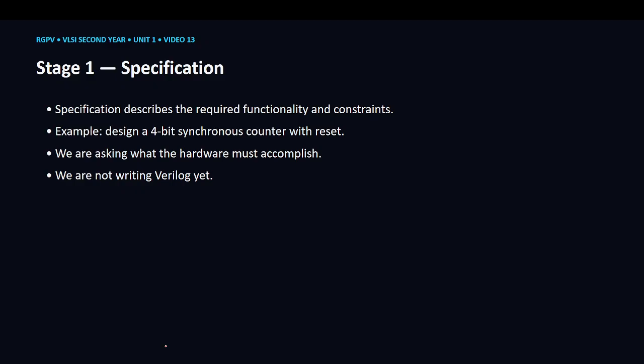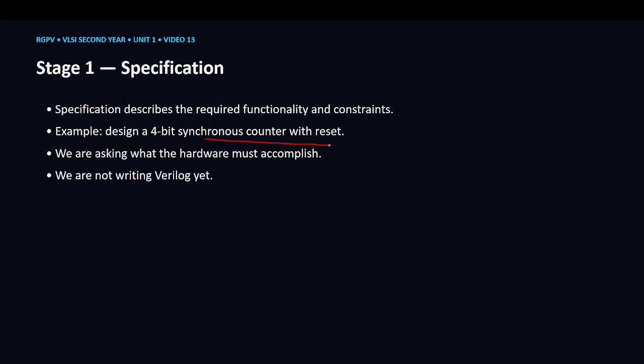So first is specification. Before anybody writes Verilog, somebody has to decide what the hardware is supposed to do. Suppose the requirement is: design a 4-bit synchronous counter with reset. We are asking what the hardware must accomplish.